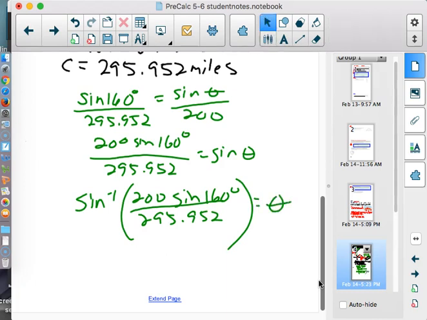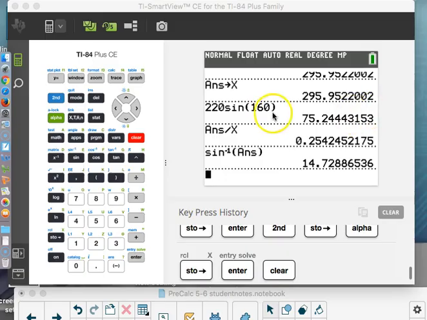All right, so again, I'm going to stop this so I can plug all this into the calculator. All right, so if you take a look at this, you can see I have punched in 200 sine of 160 and then divided that by my stored information, and I get 14.729 approximately for that angle. So I'll get that back to the main screen and we'll write that down.